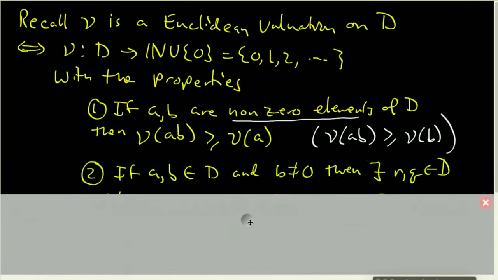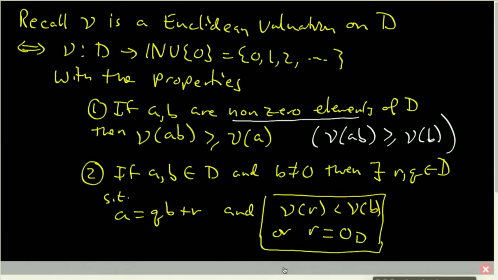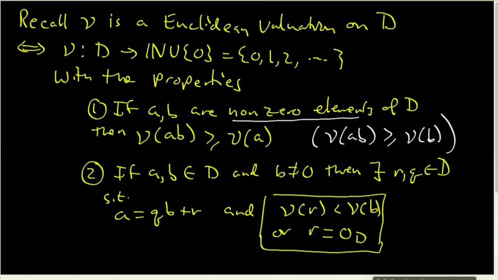And the second property is that if I have any two elements inside my domain, A and B, and B is known to not be zero, then I can find Q and R inside D such that A is equal to Q times B plus R, and significantly, nu of R has to be strictly less than nu of B, or R has to be the zero inside my domain.